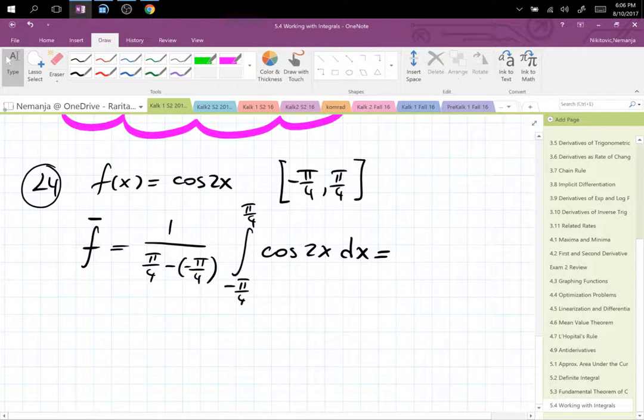Do we all have the same setup? All right, keep computing.